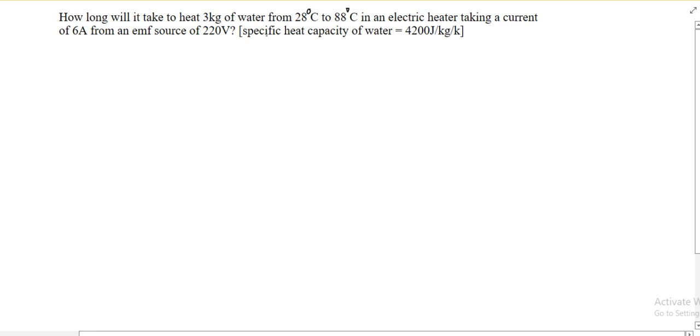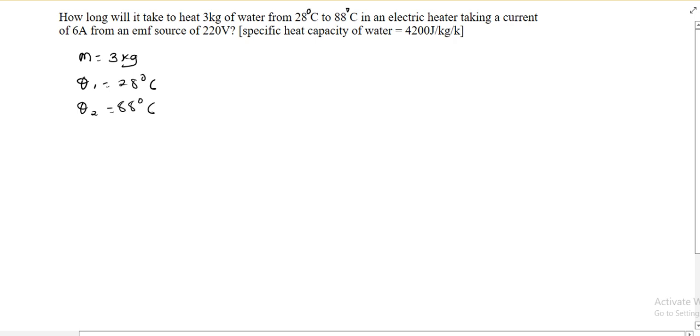So this question is a very simple one actually, but let's just look at our parameters first. We are given that the quantity of water is 3 kilogram. So the mass of water is 3 kilogram, theta one is 28 degrees Celsius, and theta two is 88 degrees Celsius.